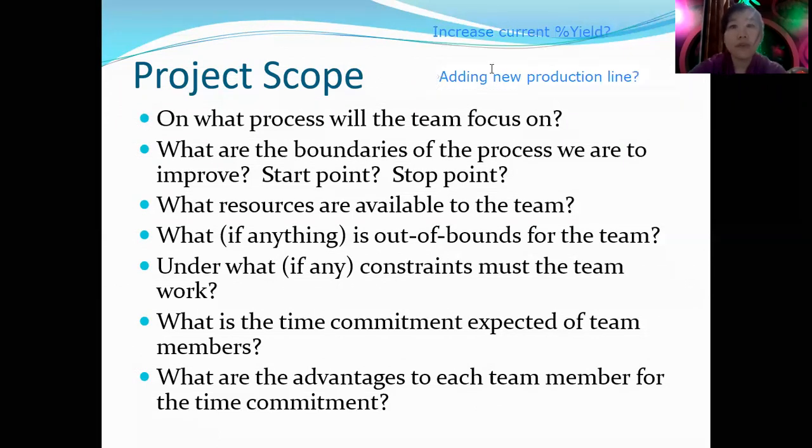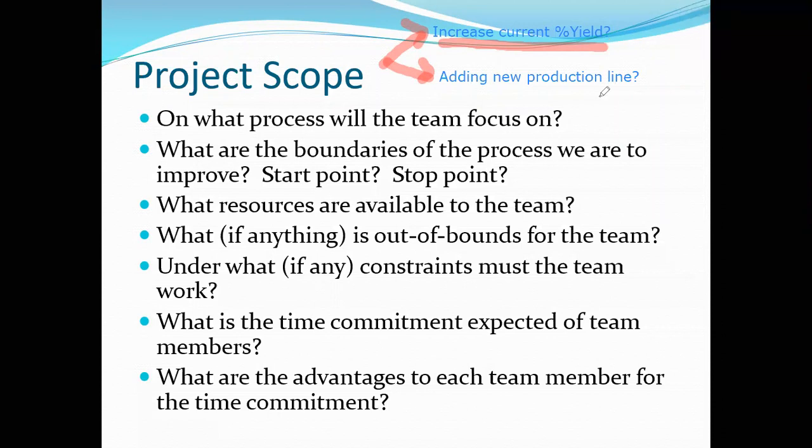We have to make it clear first which one, because both of these options have very different scopes. When we want to increase the current production yield, we are focusing on how to eliminate the waste in the current production yield, and then we are evaluating the waste and so on.